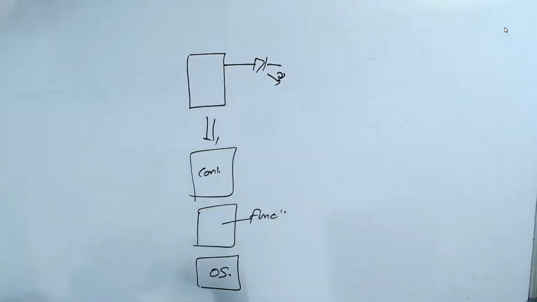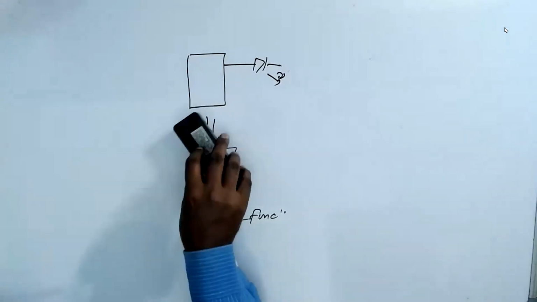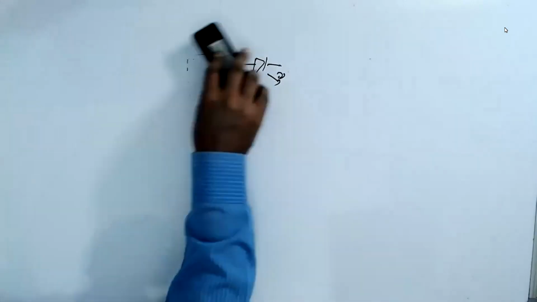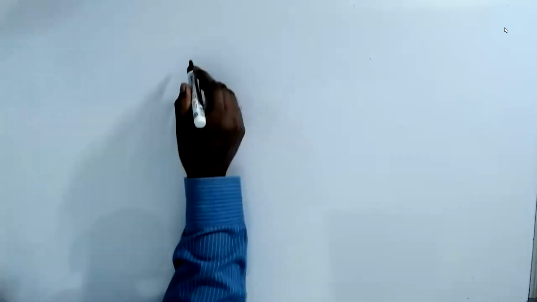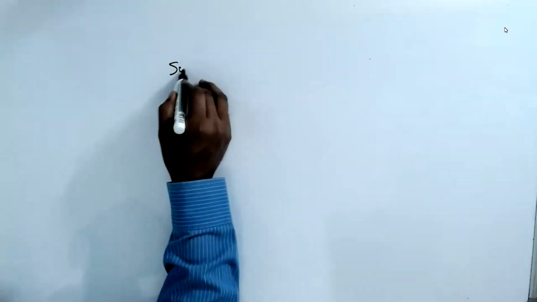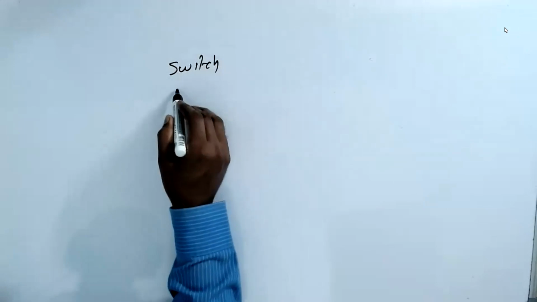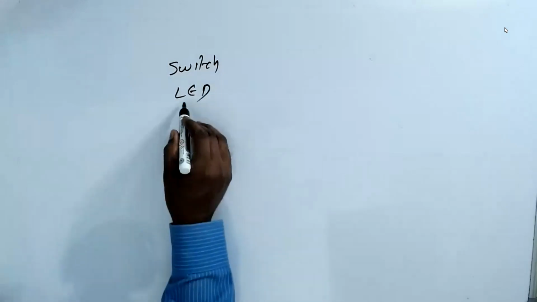The things are changing. The basic requirements are changing. So don't get confused. Learn these things that I discussed: switch, LED, all these things. But that doesn't mean that you need to practice only that. Don't take too much time on this.